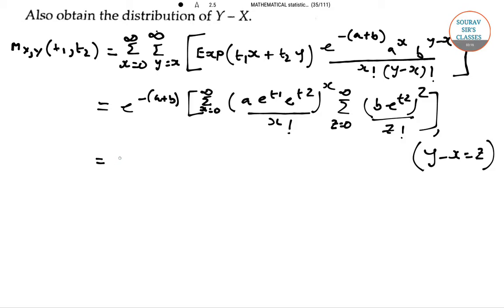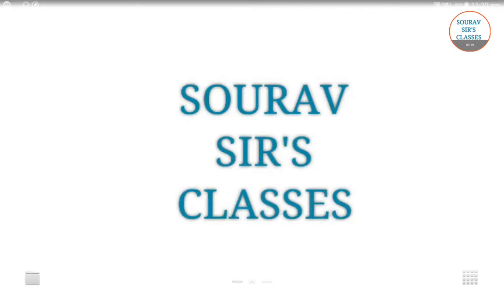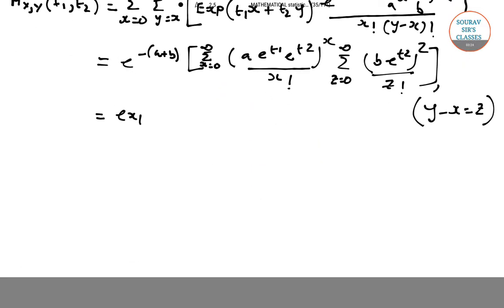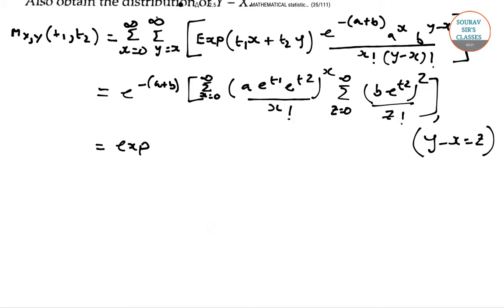So now we write the expectation as e to the power a e^(t1 plus t2) plus b e^t2 minus a minus b. So we can write it this way.